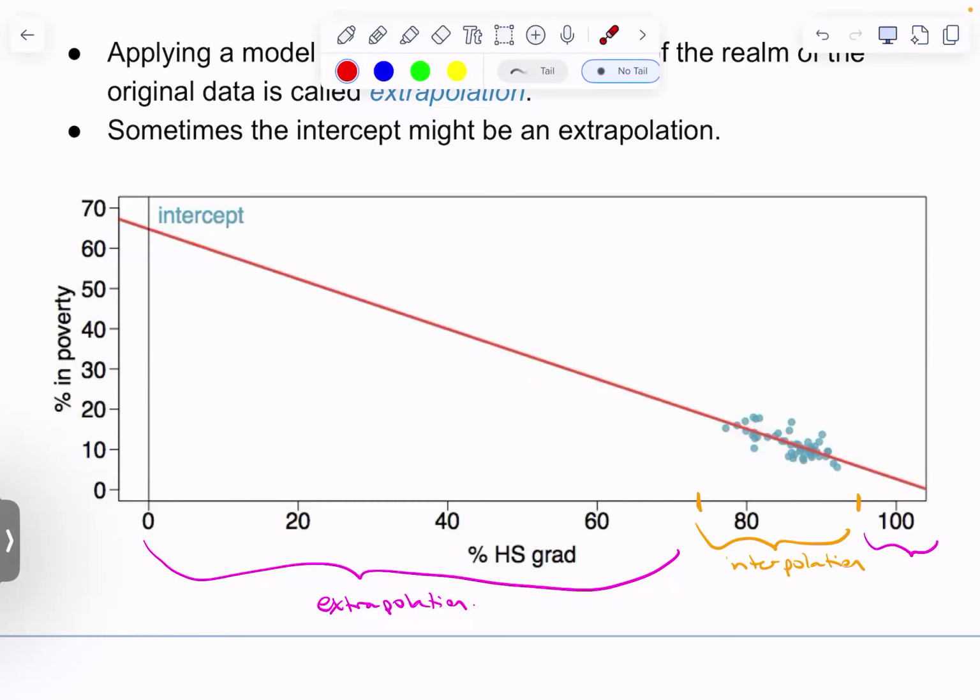Now, the thing about extrapolation is sometimes we have to extrapolate. We don't have a choice. And so we just need to recognize that here's my best predicted value, but I would consider this unreliable because I am extrapolating.